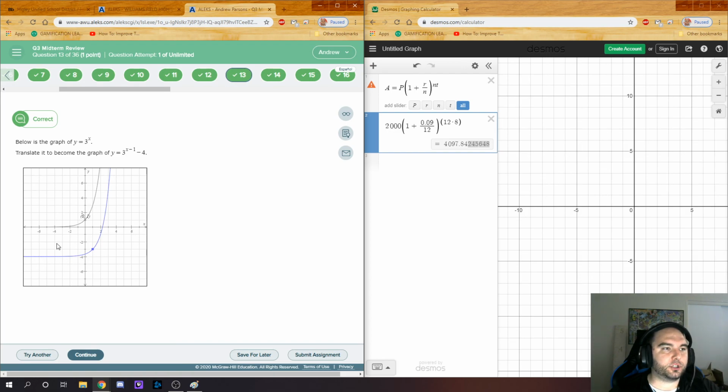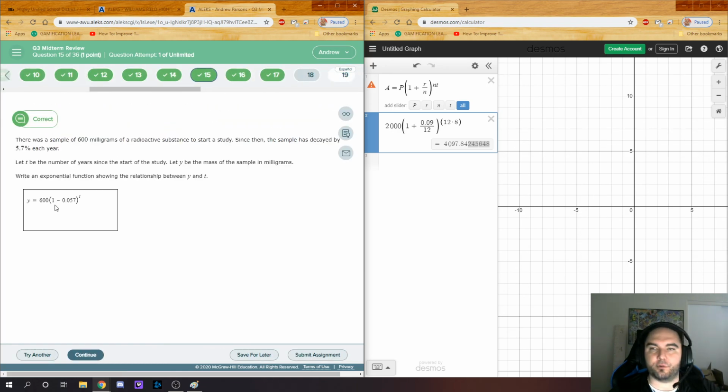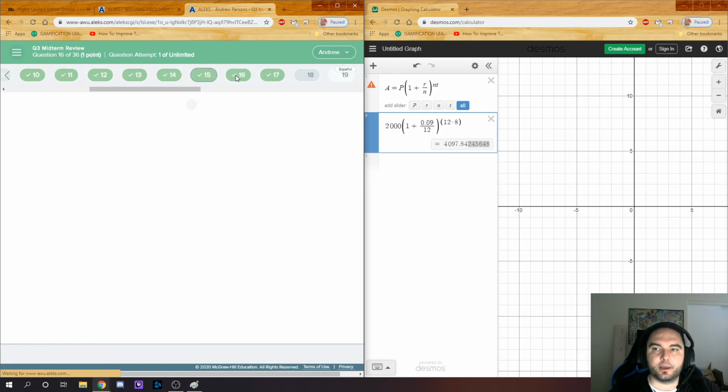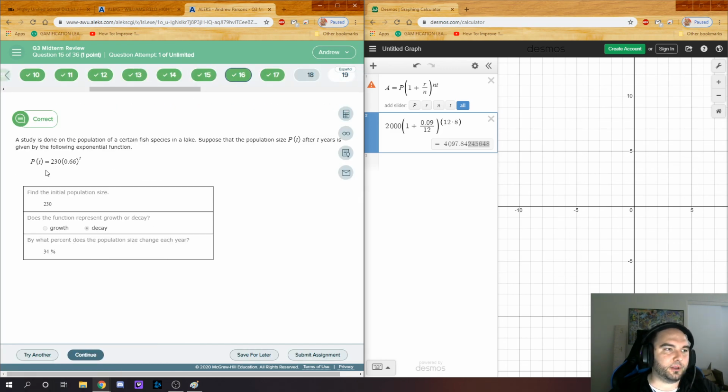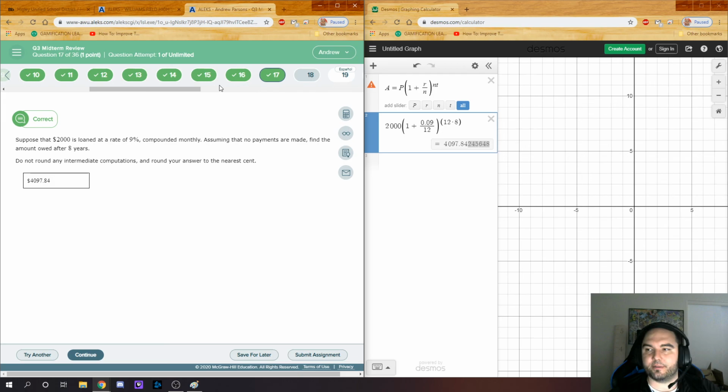We had 2 where we had to find the translations or the shifts on the graphs of exponential functions. We had 1 where we had to write a formula for an exponential function. 1 where we had to analyze a formula as growth or decay, what's the initial amount, and what it's changing by. And then we had a compound interest problem here for number 17.